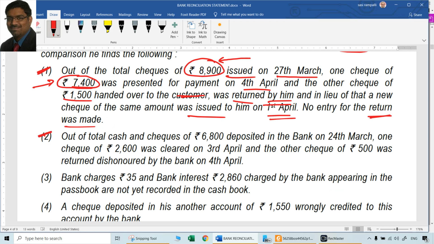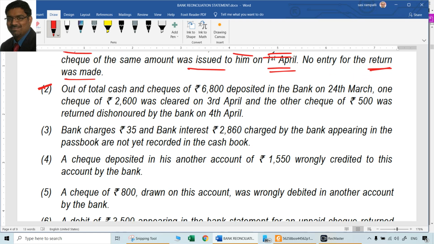Second point. Out of the total cash and checks of 6,800 deposited in the bank on 24th March, one check of 2,600 was cleared on 3rd April. The other check of 500 was returned dishonored by the bank on 4th April. So both of them are there. When we deposited these checks into the bank, 6,800 rupees worth of checks, in our cash book we would have recorded that, yes, we got the money already. 6,800 would have been debited already.